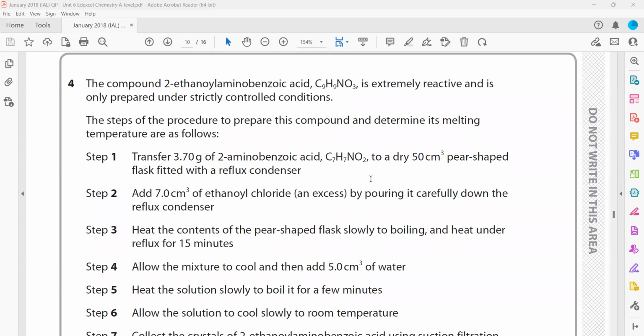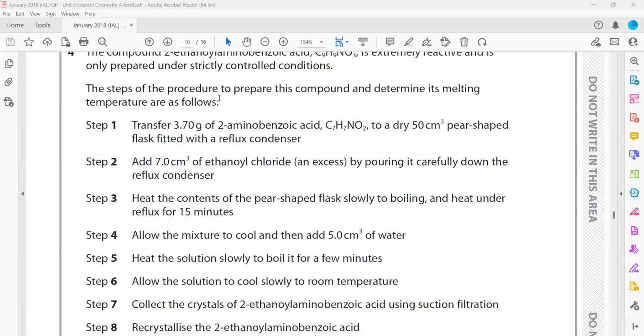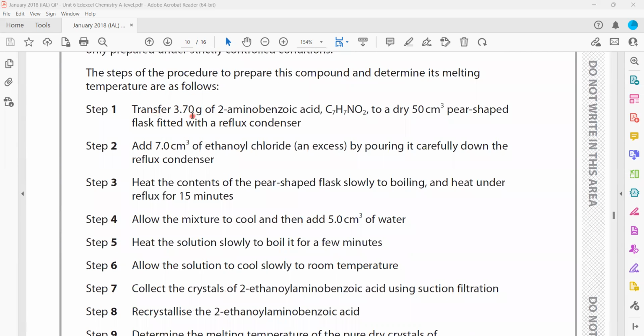Then the compound 2-ethanoylaminobenzoic acid is there, which is extremely reactive and is only prepared under strict control conditions. The steps of the procedure to prepare this compound and determine its melting point are given. First, transfer about 3.7 grams of 2-aminobenzoic acid to a dry 50 cm³ pear-shaped flask with a reflux condenser.